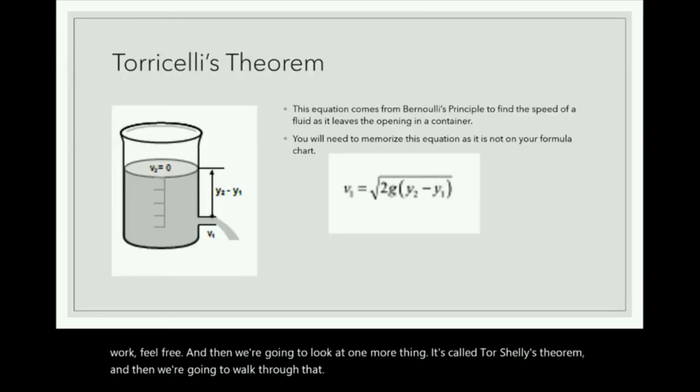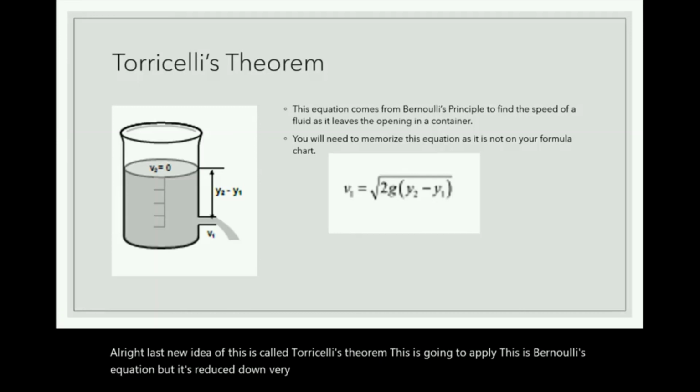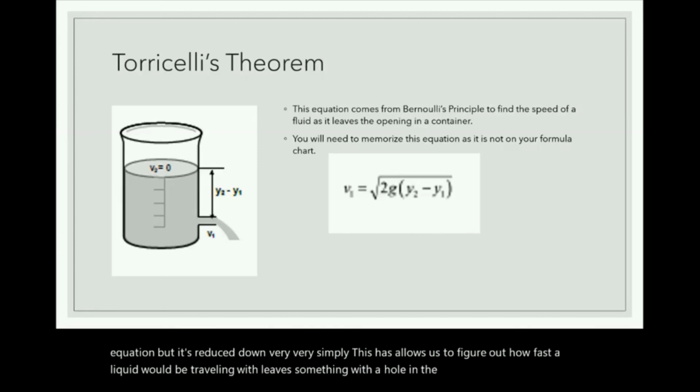All right, last new idea of this is called Torricelli's theorem. This is Bernoulli's equation, but it's reduced down very, very simply. And this allows us to figure out how fast a liquid would be traveling when it leaves something with a hole in the side. So when you'll see this, you'll have something that's filled up.